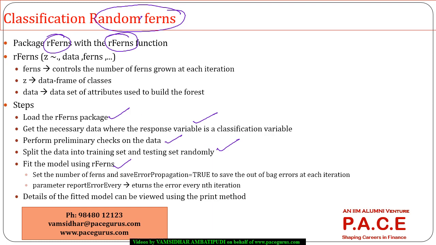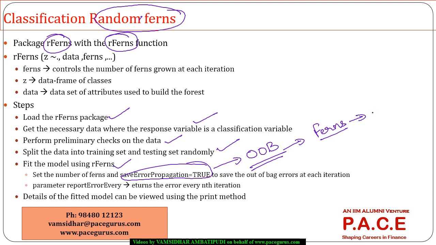As I have said, I will set the save error propagation to true because I want to look at the OOB that is getting created for each of the ferns. I really want to see what should be the minimum number of ferns that we have to create so that the overall OOB is the least possible, because otherwise there is no point in just increasing the number of ferns for the sake of increasing, in case I am not able to get any improvement in my OOB.